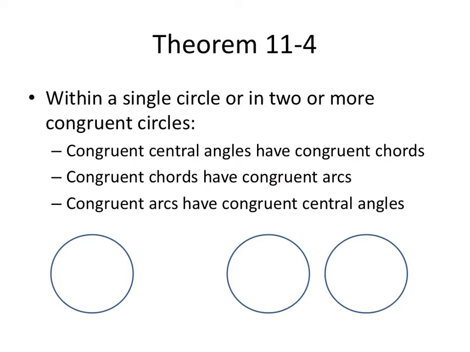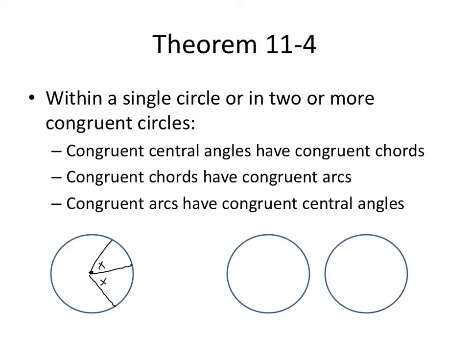So let's talk about theorem 11.4. Within a single circle or in two or more congruent circles, we're going to have congruent central angles have congruent chords. Okay? So say we are looking at just one circle, and I've got X and X here, right?